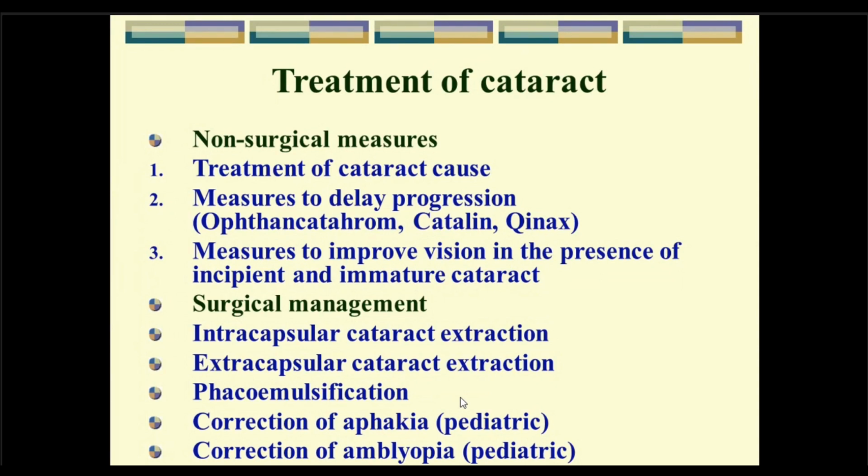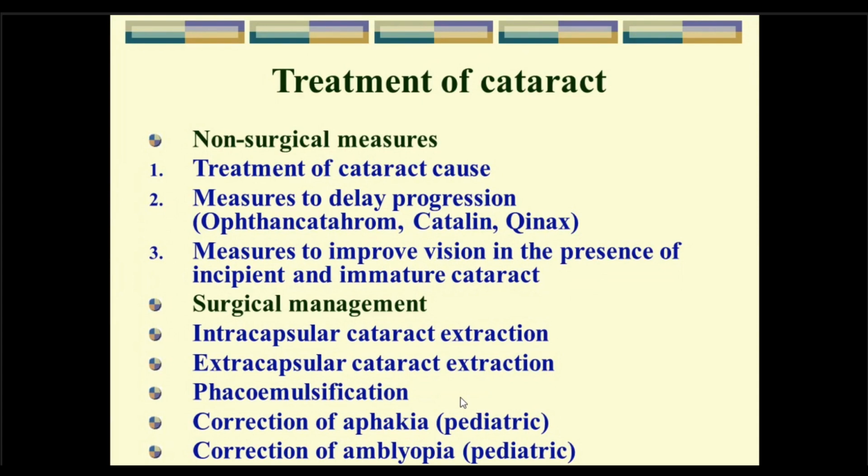But in a case of age-related or senile cataract, we know the cause, but we can't treat this cause. Sometimes in initial cataract, for example, we can prescribe different drops which delay progression of the cataract. There are some eye drops like oftan katachrome, Quinax, and so on.